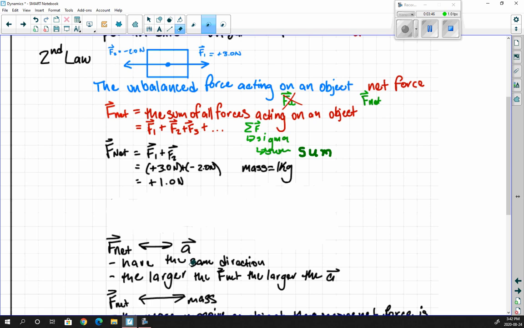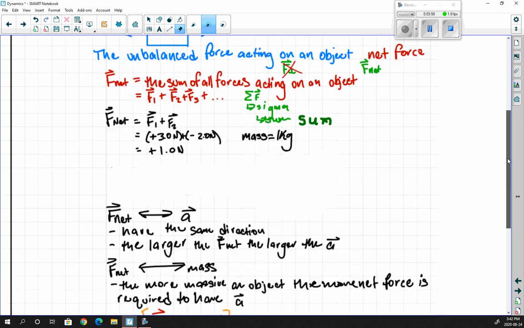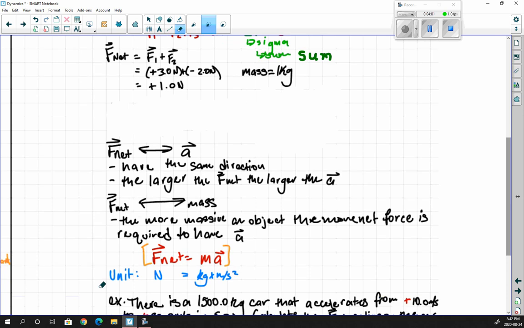A lot of students want to make a connection between net force and velocity. That is not the direct connection. The direct connection is between net force and acceleration. That's one of the things that Newton realized. The other thing that Newton realized is that there's a connection between net force and mass and how they interact with each other to see what acceleration an object will undergo.